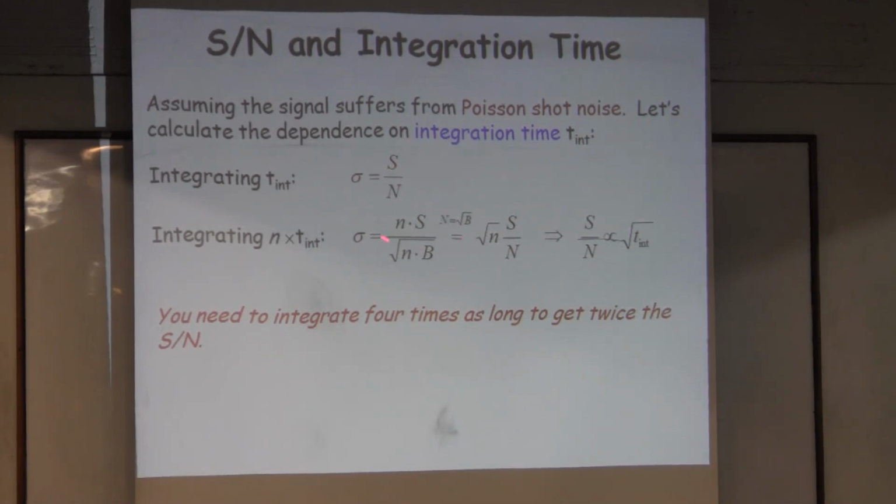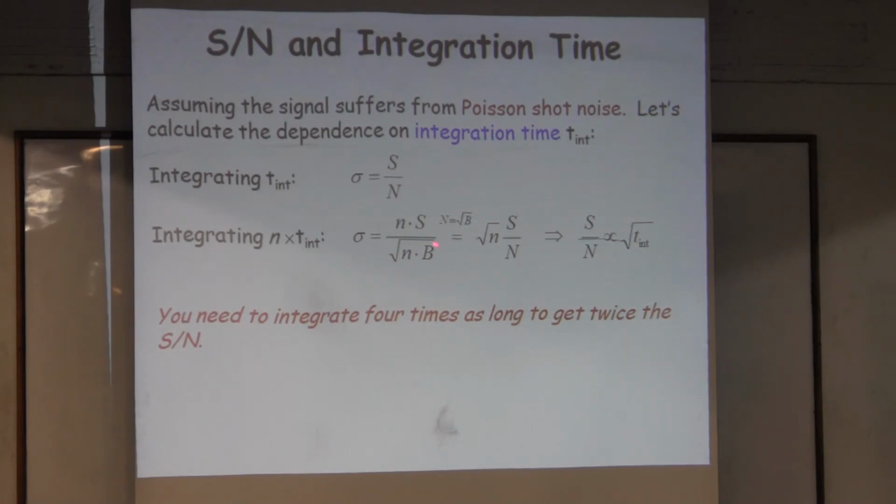Now we just take a longer integration. So we integrate not t, doesn't matter, say here it's 10 seconds. In this case, we integrate 10 times longer, so we integrate for 100 seconds. Then, if it's 10 times longer, we will of course get 10 times the signal, and we will also get 10 times some background, whatever that is.